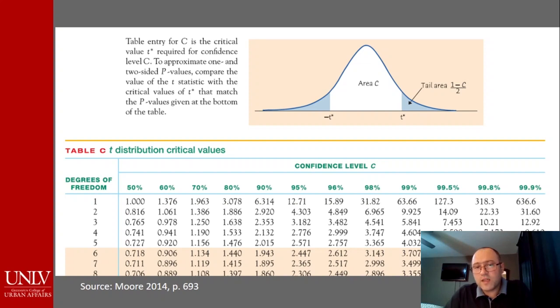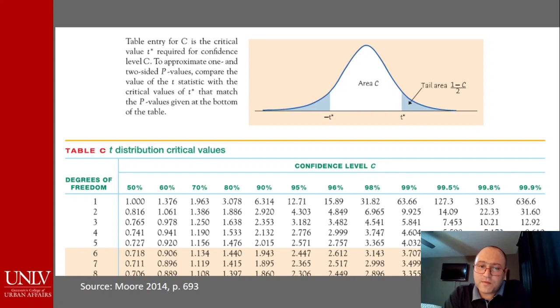Based on the formula, we can reach a critical value of the t statistic. To find the significance level of the t statistic, we need to use a table of confidence levels. This table indicates some information, and you can find the confidence level here, indicated as columns by percentage, and also the number of degrees of freedom.